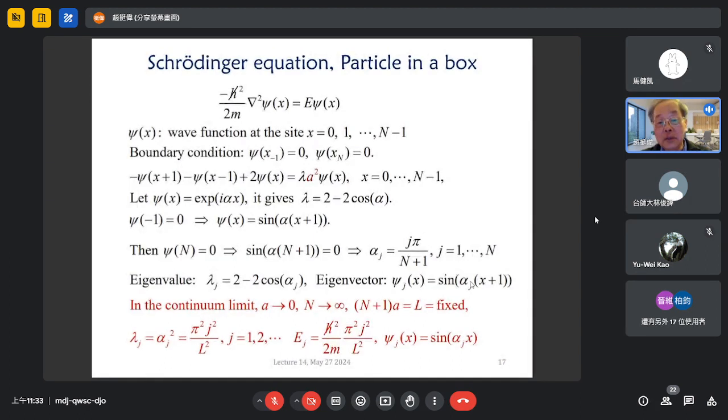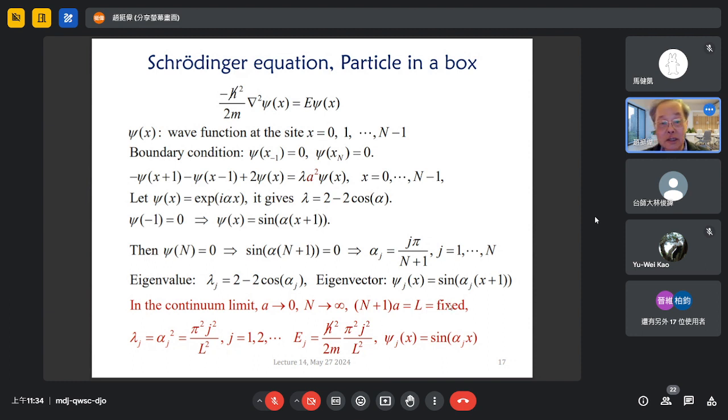I can also take the continuum limit, where the lattice spacing a goes to 0 and the number of sites n goes to infinity, such that n plus 1 times a equals L is fixed.